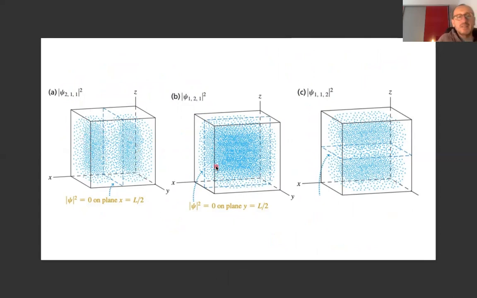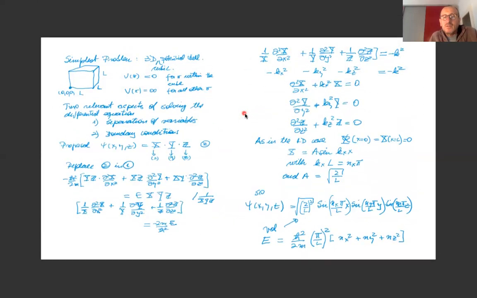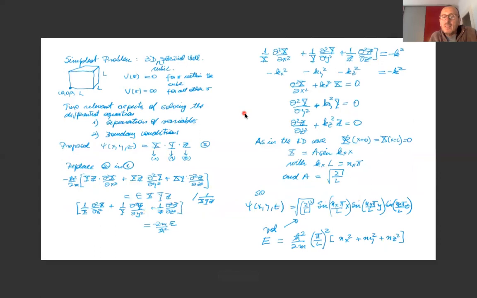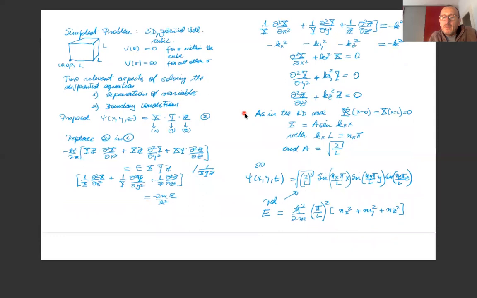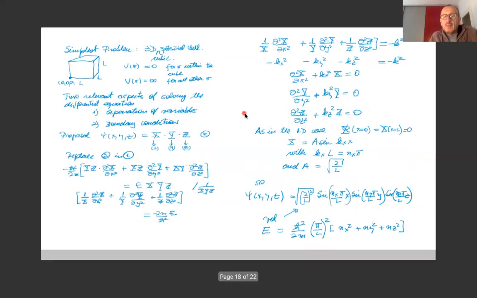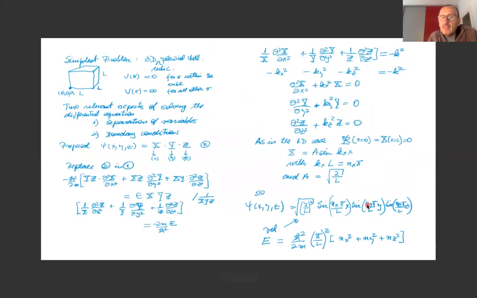So this is the 1 0 0, 0 1... let me see. I take it back. 1 0 0 is not a solution, because if this guy is 0 and this guy is 0, the whole wave function is 0. That's not a solution.